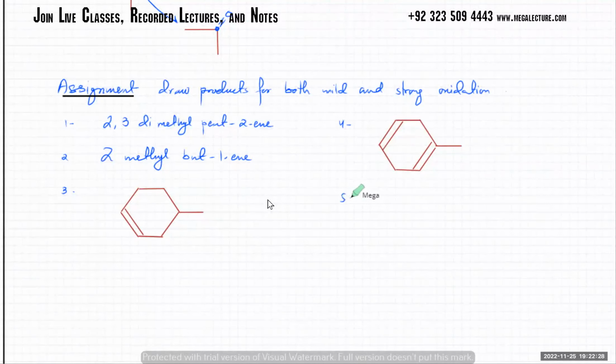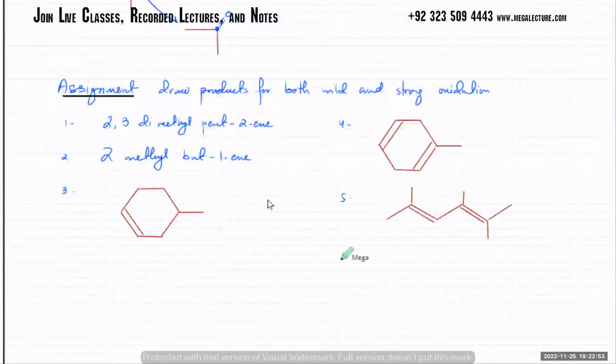फिर number 5 कर लेते हैं कि I've got a molecule and it's got many double bonds. So there's a double bond here. ठीक है. Tell me the product of this thing. कोई 6 भी कर लेते हैं. So number 6.